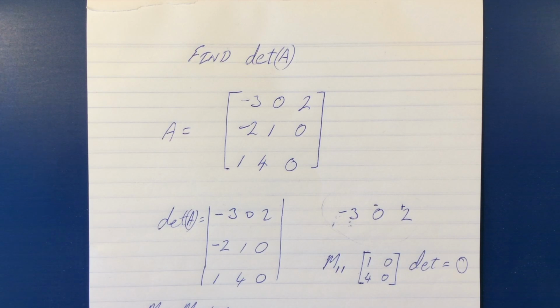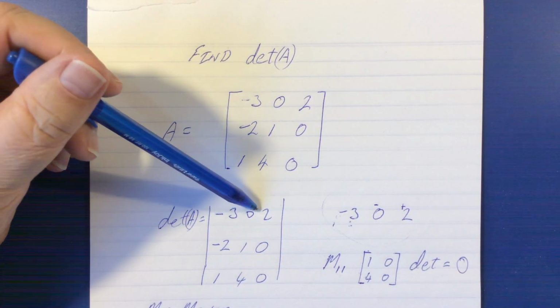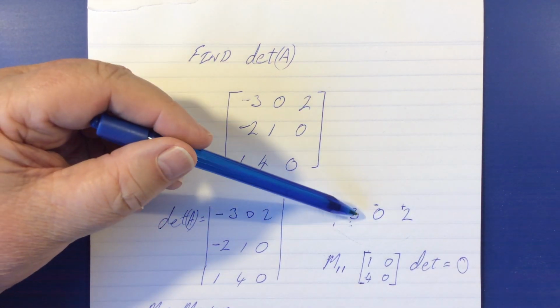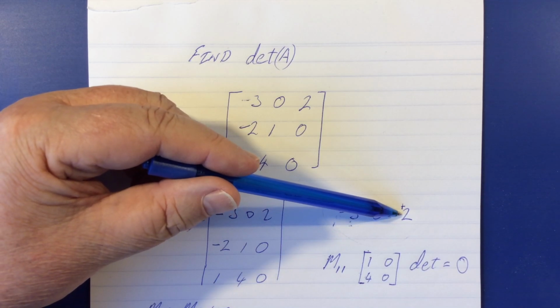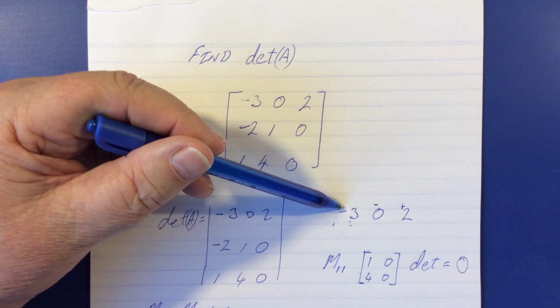Okay, so the method I'm going to use involves extracting these numbers in row 1 from our matrix, and I've just placed them over here. This is negative 3, that remains negative 3.